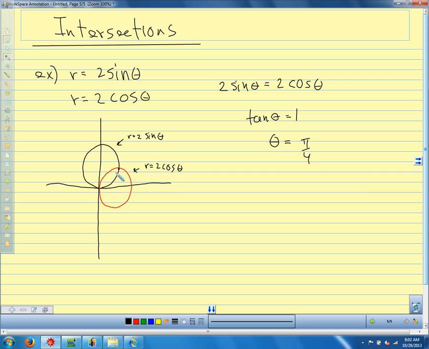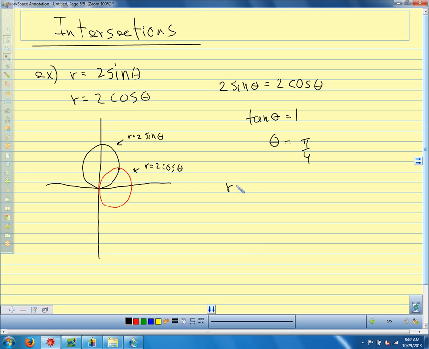There's 2 points on pi over 4. So yeah, we can see from our graph that this angle corresponds to pi over 4, right? It does have something to do with there being 2 things. R equals 0 for the second one when theta equals pi over 2, and it equals 0 for the first one when theta equals 0.